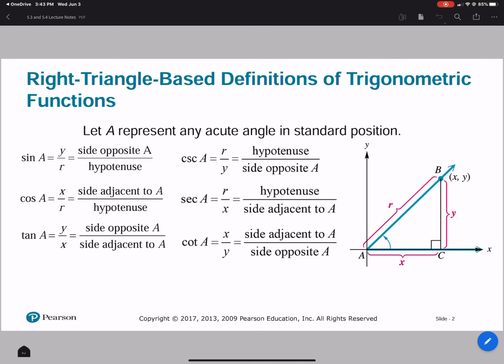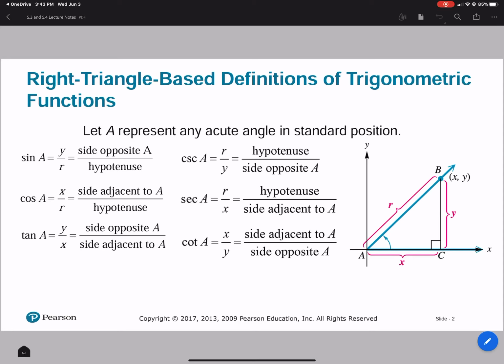So when we talk about the right angle based definition of trigonometric functions, it says let A represent any acute angle in standard position. We have the sine of A is equal to what? Y over R, which is the opposite over hypotenuse side. Then we have cosine is equal to the adjacent over hypotenuse side.